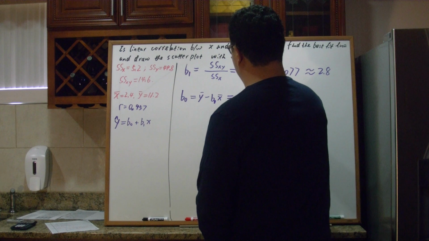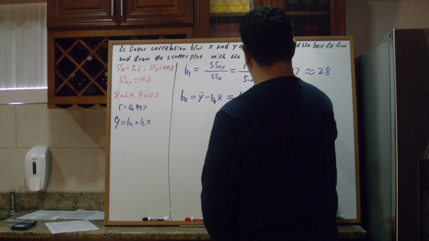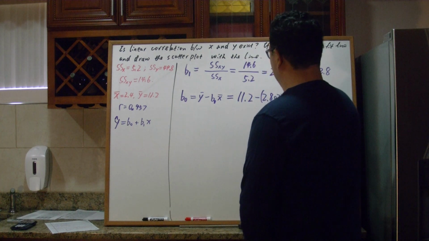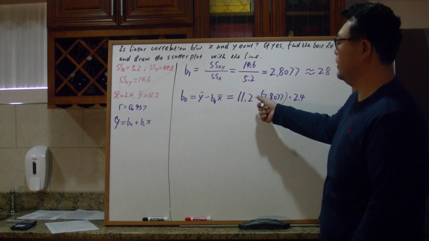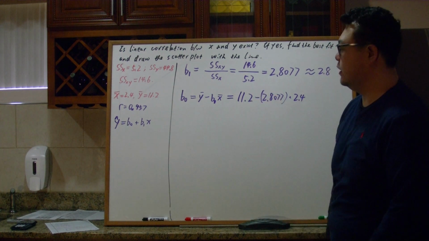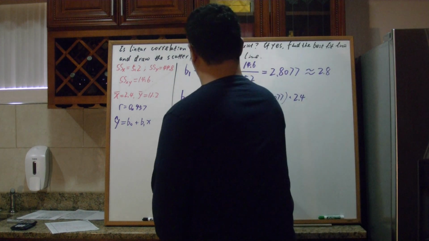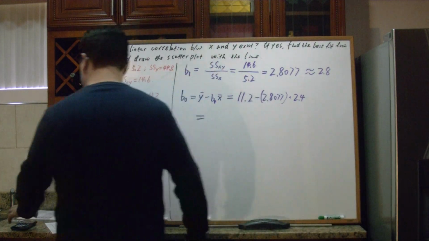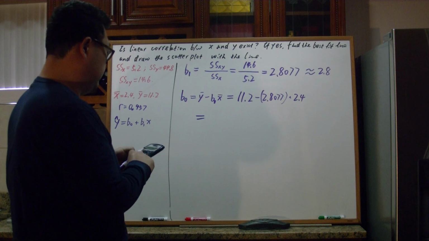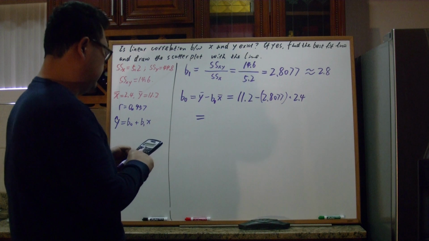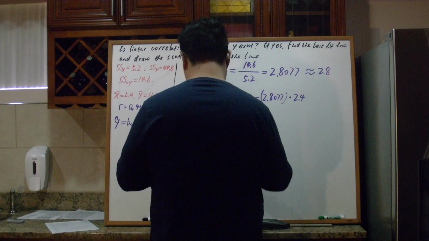Right, that's 11.2 minus 2.8077 times 2.4. Just be careful, if this number is negative, then the entire calculation will become positive and larger. So 11.2 minus 2.8077 times 2.4 is 4.462.